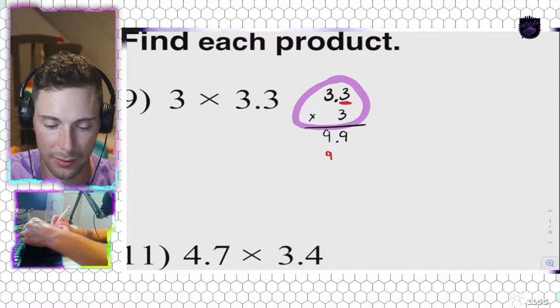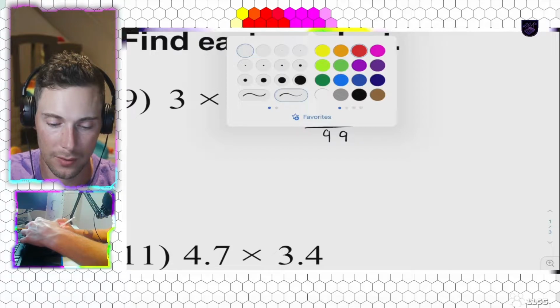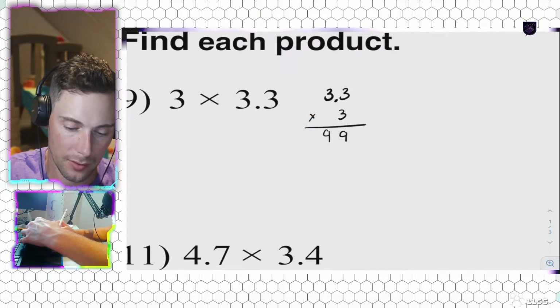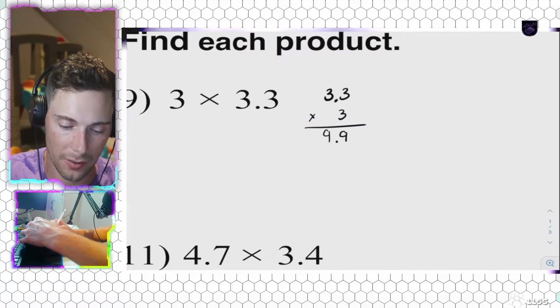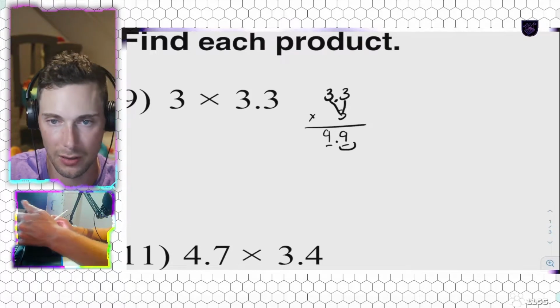So let's just get rid of some of my extra notes here. So we've done our 3 times 3 and our 3 times 3, and we've written 9 and 9, and we've moved a decimal point over 1 to make 9.9.